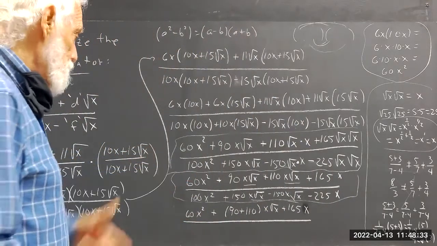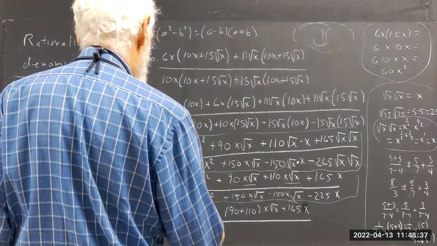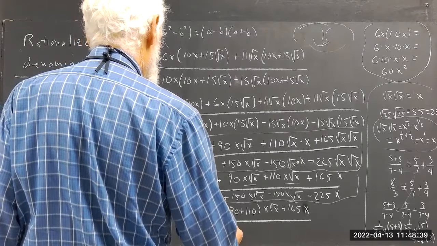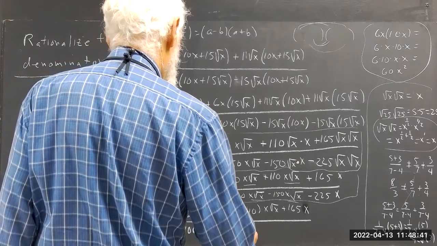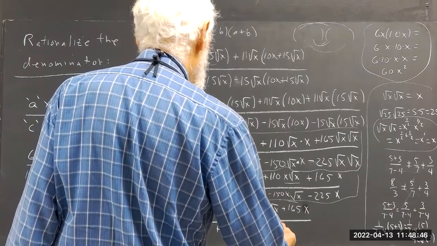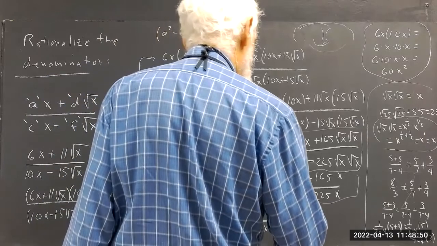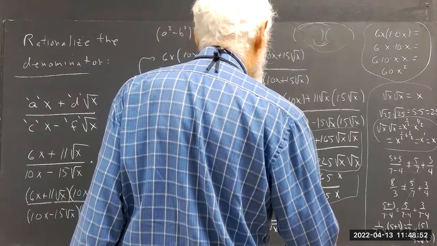Okay. Now down here, then we can write 100x squared plus 150 minus 150 x square root of x minus 225x.